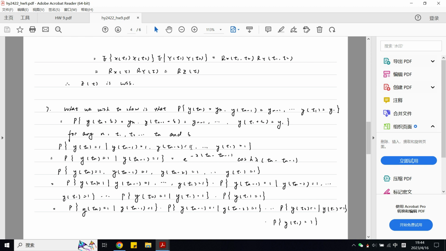So the probability that Y(t_n) equals 1 given Y(t_{n-1}) equals 1, Y(t_{n-2}) equals 1, and Y(t_1) equals 1 equals the probability that Y(t_n) equals 1 given Y(t_{n-1}) equals 1, which equals e to the power of negative lambda times (t_n minus t_{n-1}) times cosh of lambda times (t_n minus t_{n-1}).